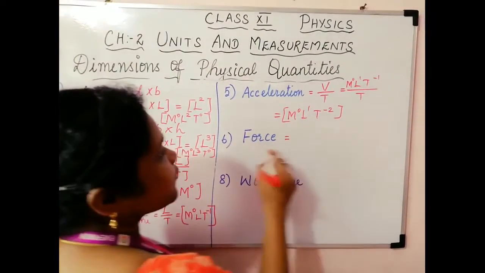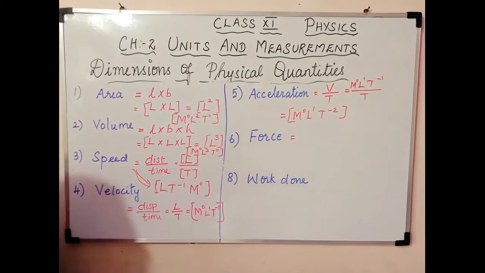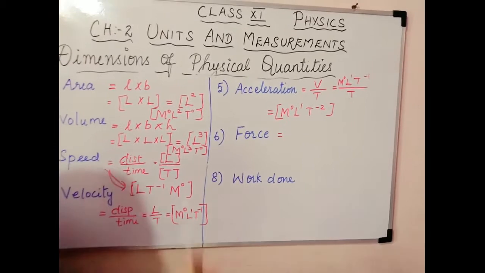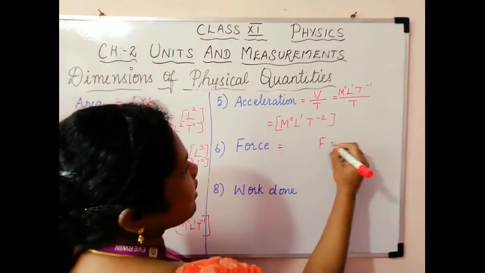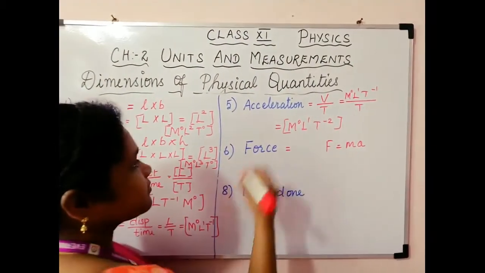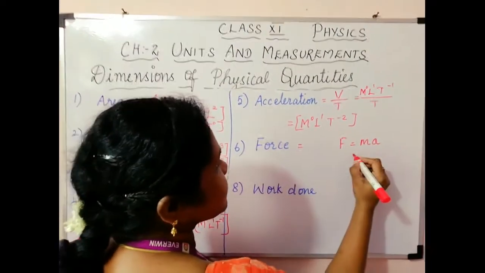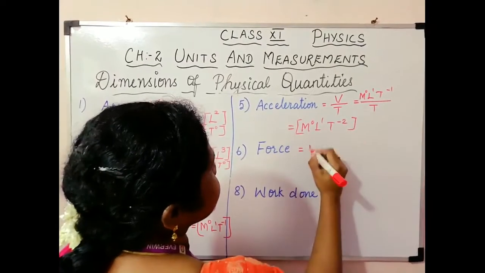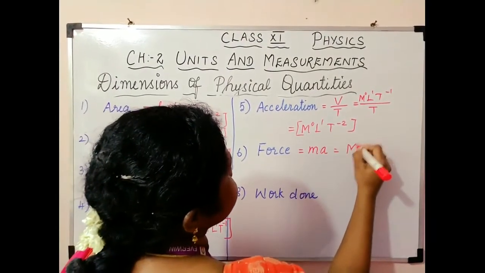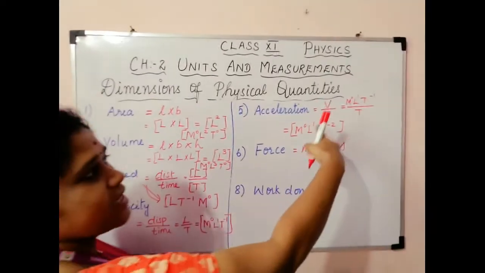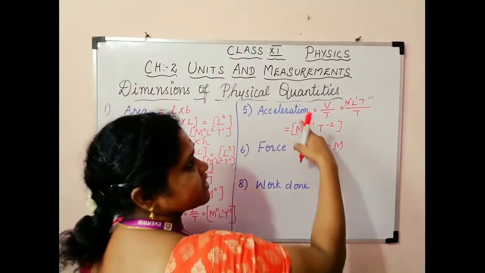And we know what is force. Force is equal to mass into acceleration. F is equal to ma. So force is equal to m into a, where m is mass, and acceleration is L T power minus 2, with M power 0.